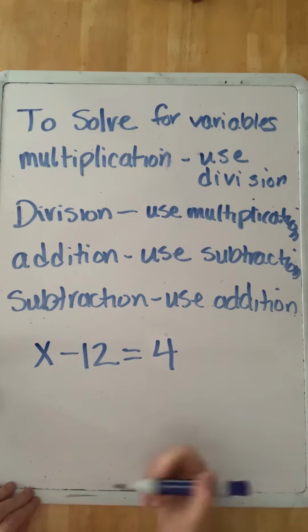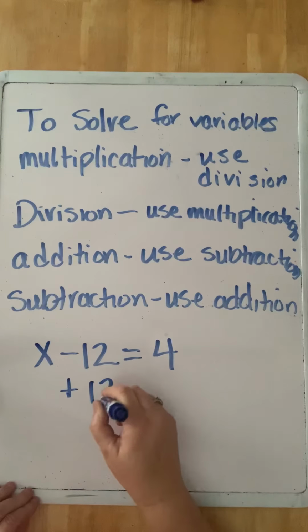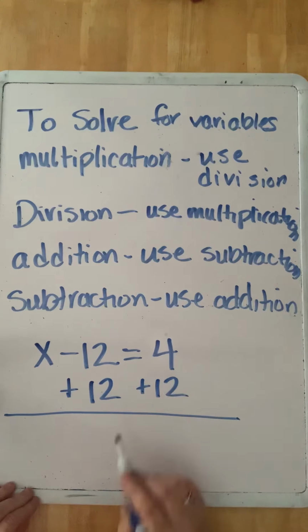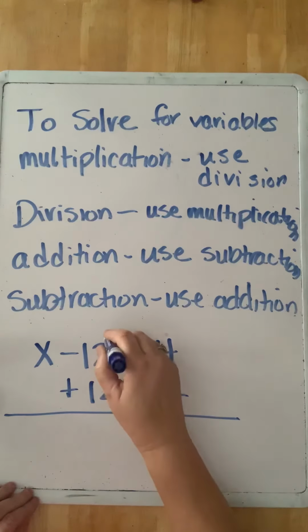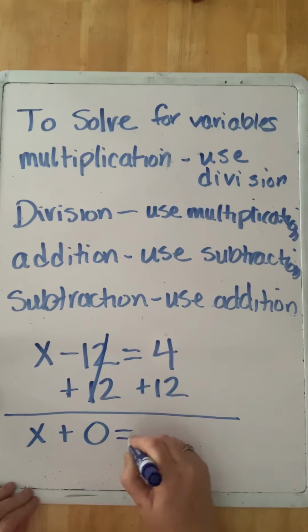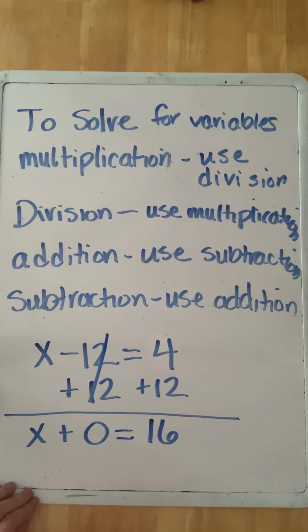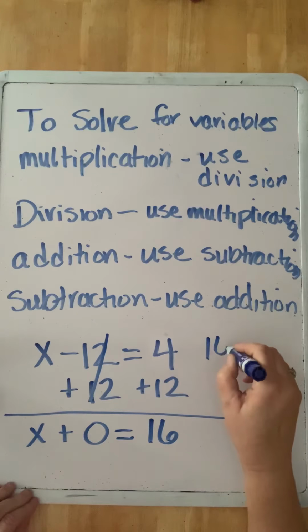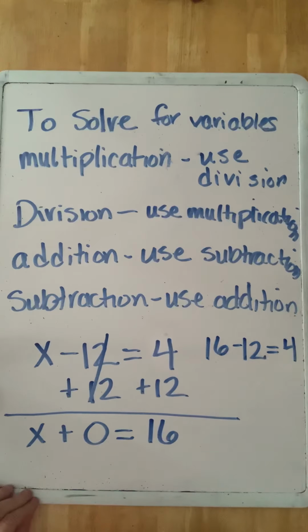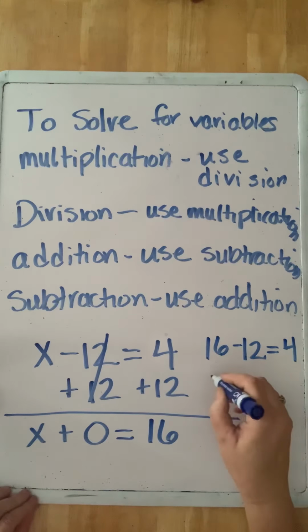So in order to get to a 0, I have to add 12. I have to add 12 to this side because this has to stay equal. That becomes 0. This becomes 16. Okay, so substitution, 16 minus 12 equals 4. True statement.